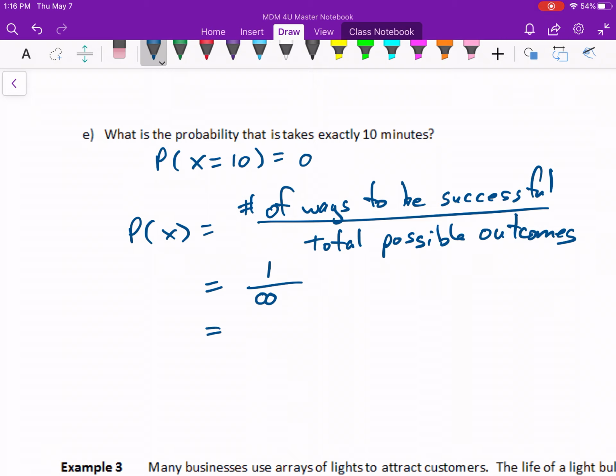Again, it's not exactly 0. Well, I don't know. Now we're getting philosophical. I'm going to say basically 0 anyway. There's no bar, there's no width, there's no probability. So for our purposes, for any continuous distribution, the probability of getting one exact value will always equal 0.